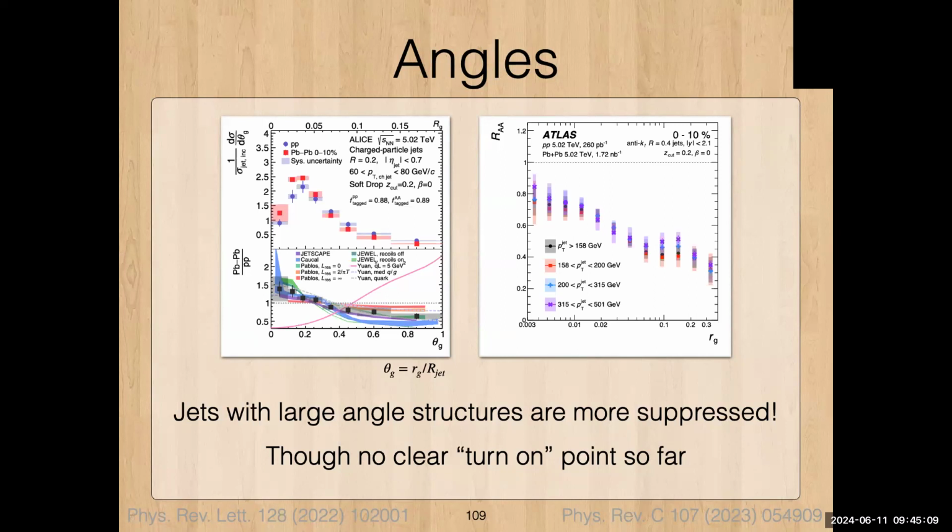But when they are close by, they seem to lose less energy because they are seen as just one thing. However, there's no clear turning point; it's smooth. It's also a little bit paradoxical if you think about it, because we know that the tail is enhanced, but we see less large angle structure. So there's something interesting happening here.